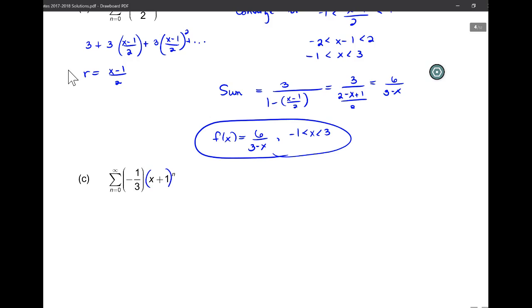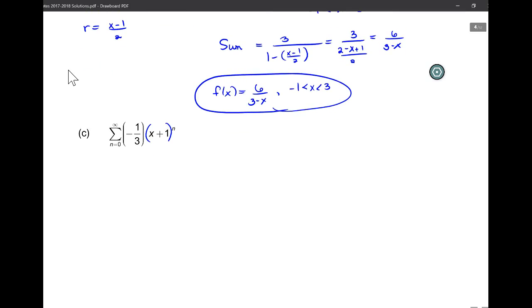Okay, here we have, let's see, writing out a few terms, we have when n equals 0, we get -1/3. When n equals 1, when n equals 2, so my common ratio is x plus 1.